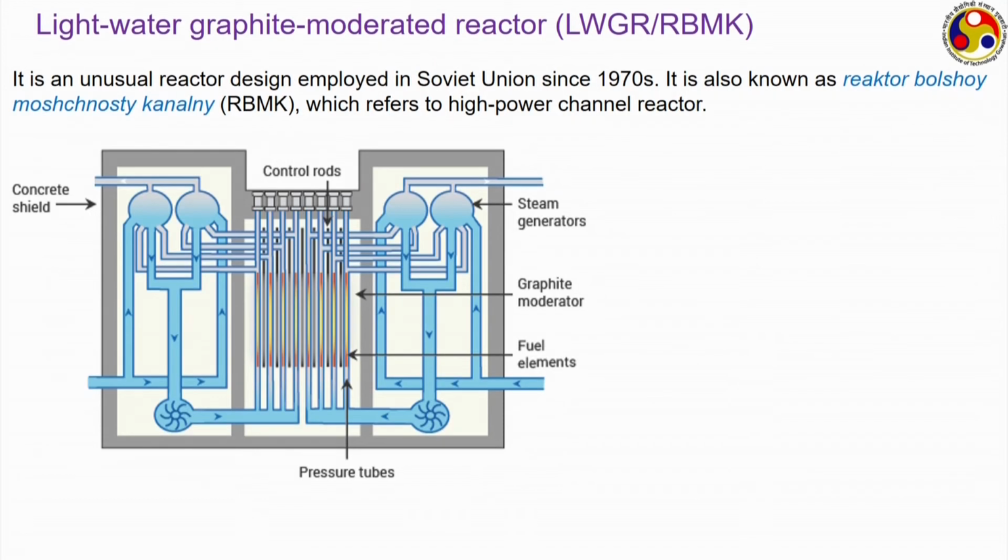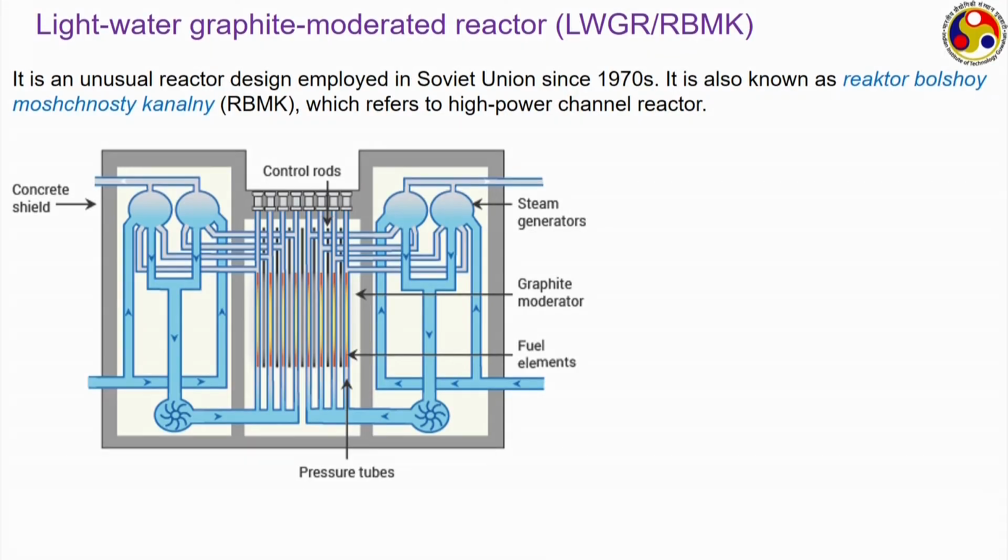Next we come to a very interesting reactor, called the light water graphite moderated reactor, LWGR. It is an unusual design which was conceptualized in the former Soviet Union in the 1970s, and they gave it a Russian name, whose acronym is RBMK, which as per literal translation refers to a high power channel reactor.